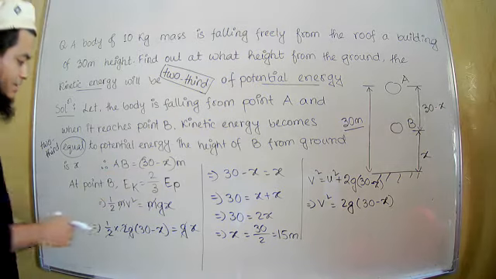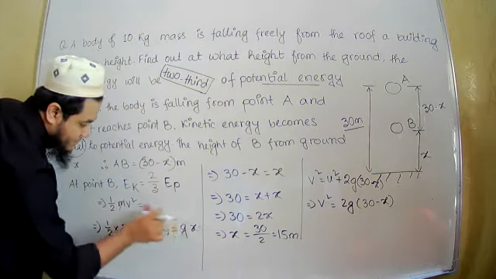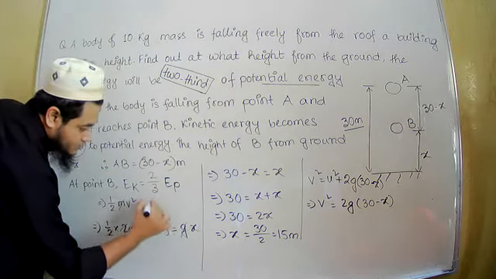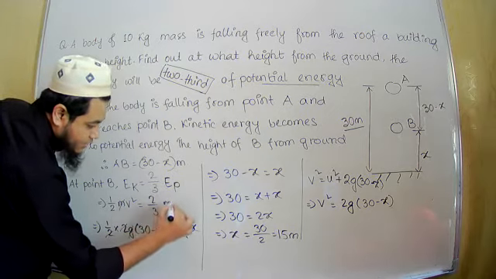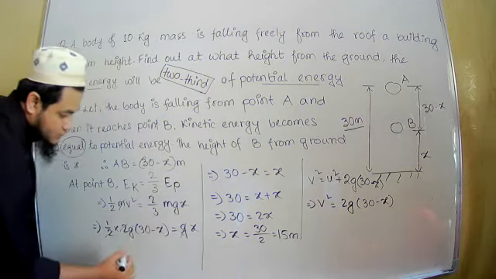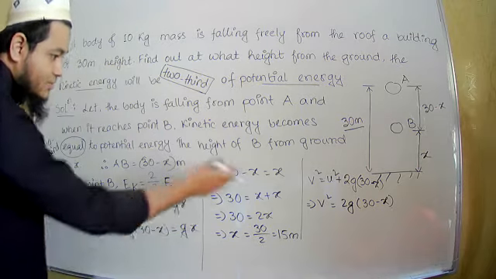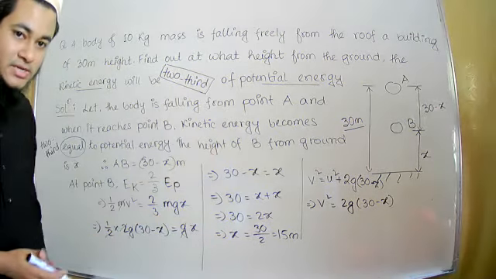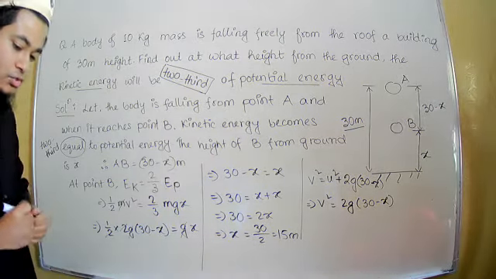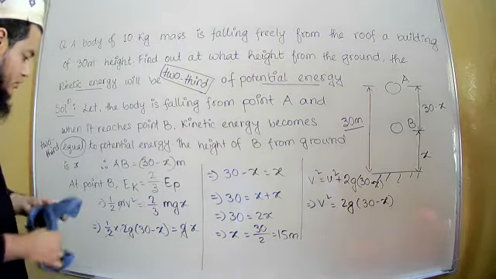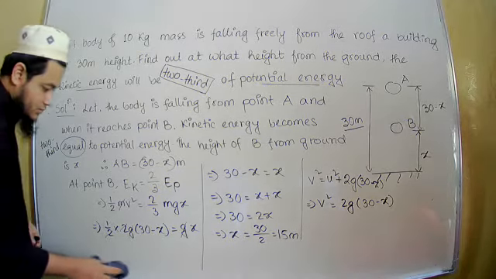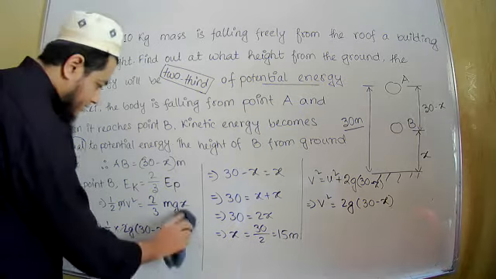So after that the calculation will proceed something like this. Instead of EP we had put mgx, right, so it will continue as 2/3 mgx like this. Shall I show you the full calculation? Let me show you the full calculation so that it becomes easier for you to understand.